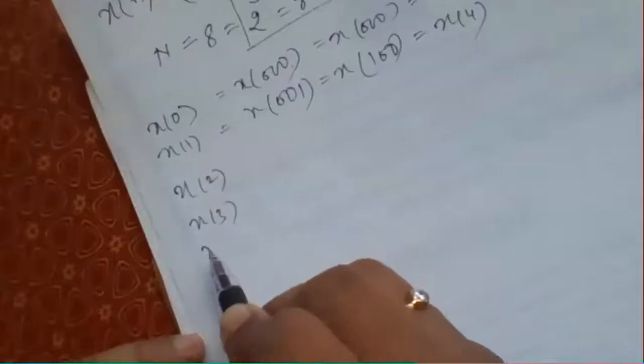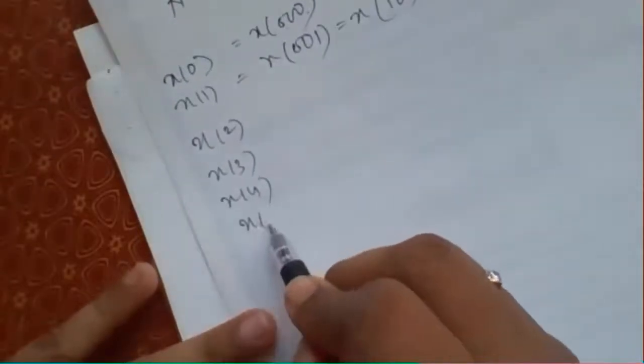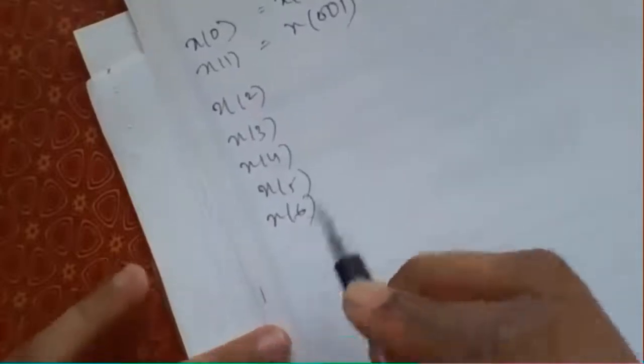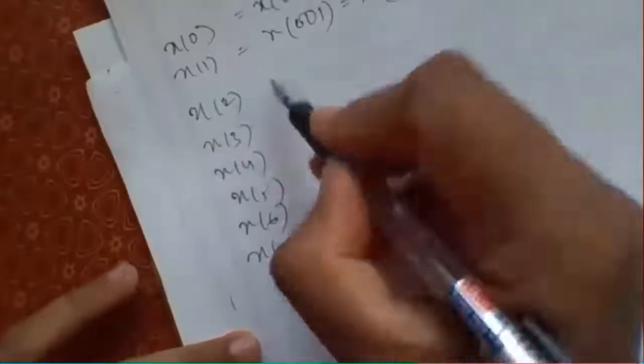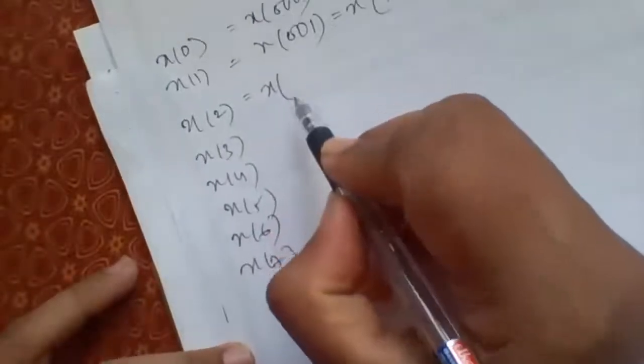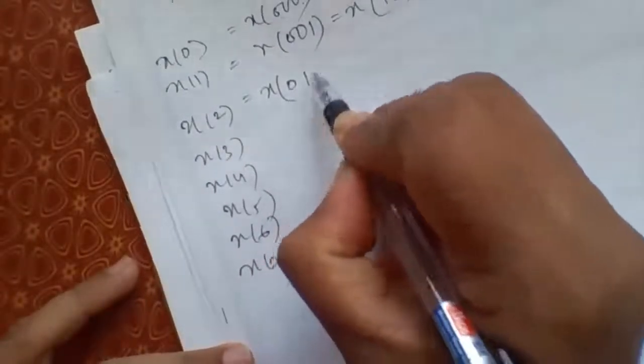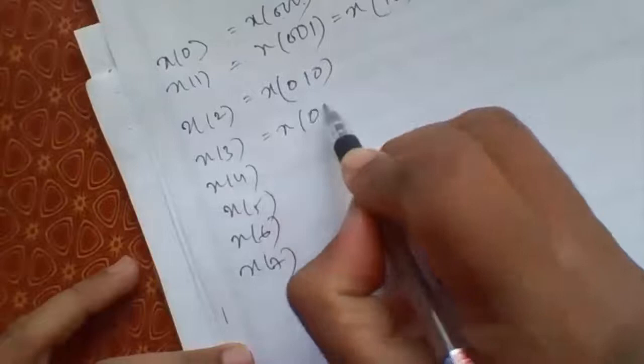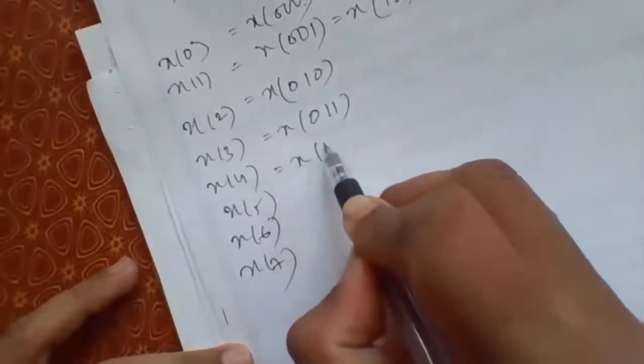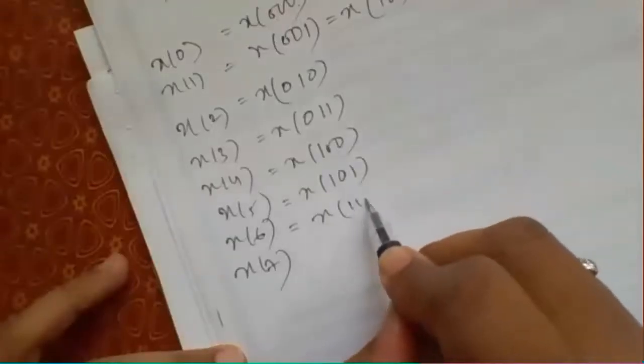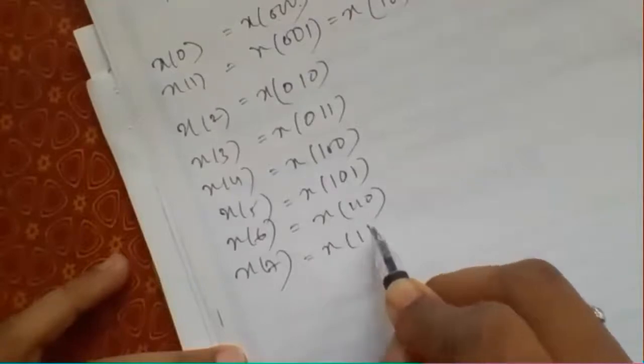Similarly, we have x of 2, x of 3, x of 4, 5, 6 and x of 7. Write them first in 3-bit binary form: 010, 011, x of 100, x of 101, 110, then 111.